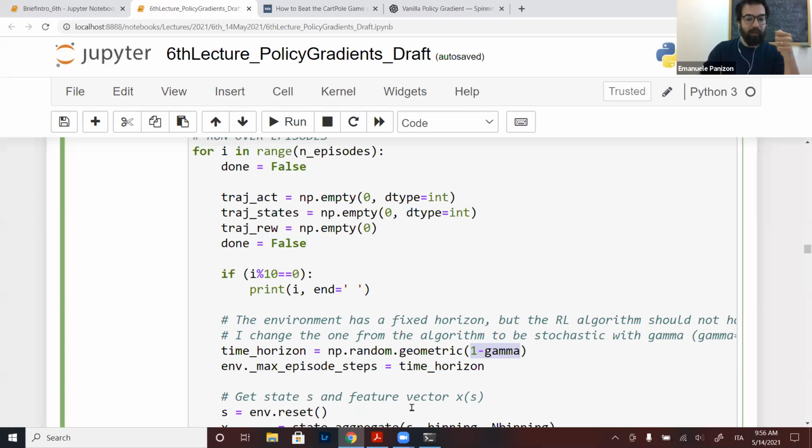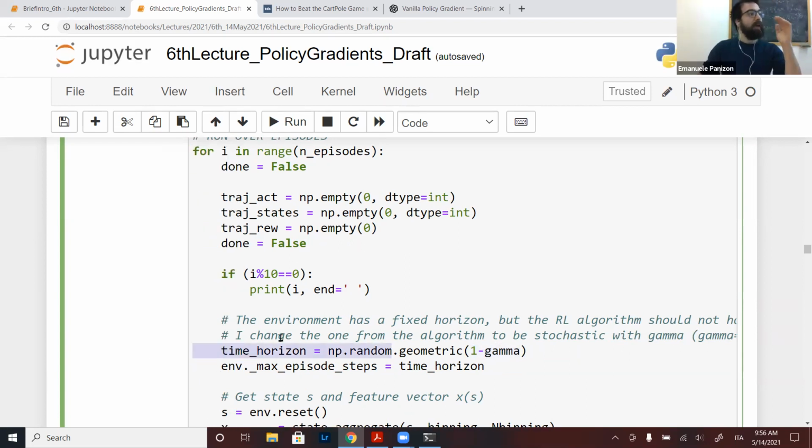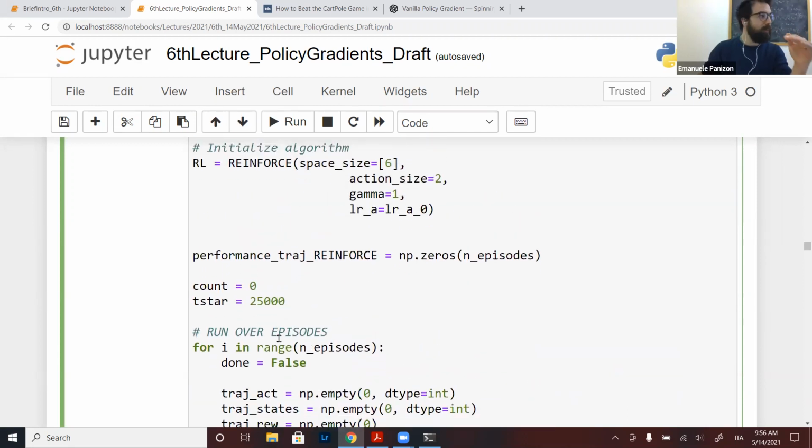This is effectively the same as saying that at each step I'm trying to kill the process with a probability 1 minus gamma. Okay, what does it mean? So instead of putting the discount factor inside the calculation of the return, I am putting the discount factor inside the fact that my episode could die at any moment.